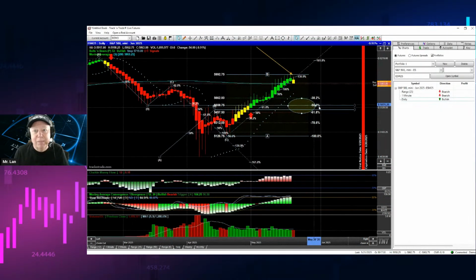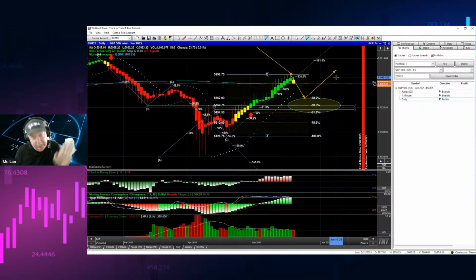Now, what is the media going to do if the market falls back down to this level somewhere down in here? Now, the first level is 38.2. So it could just fall down to 38.2 and then start to go back up. That's very common. But usually, if it just falls to 38.2 and goes back up, that oftentimes gives us a little ABC pattern and it comes back down again.